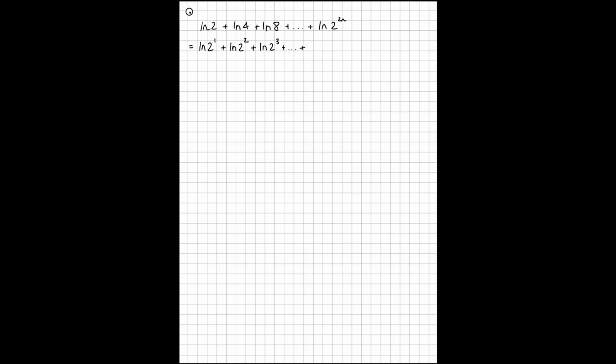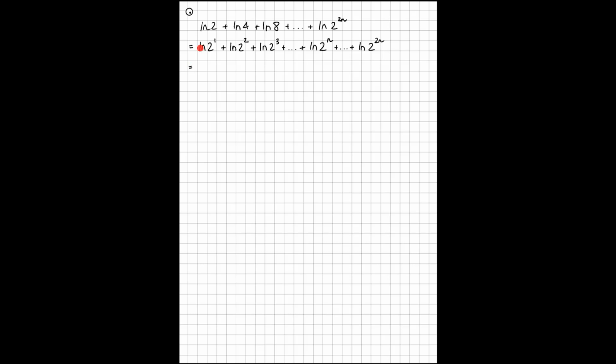We're going all the way up to 2n, but maybe you're not used to seeing that. You're used to seeing things go up to n, but there is a log 2 to the power of n somewhere in here, and then log 2 to the power of n plus 1 and so on, all the way up to log 2 to the power of n plus n, which is in essence 2n.